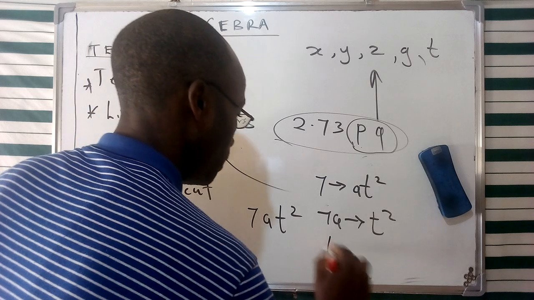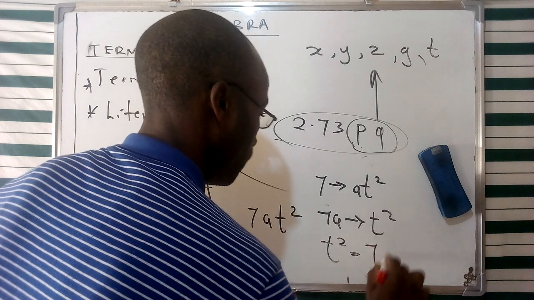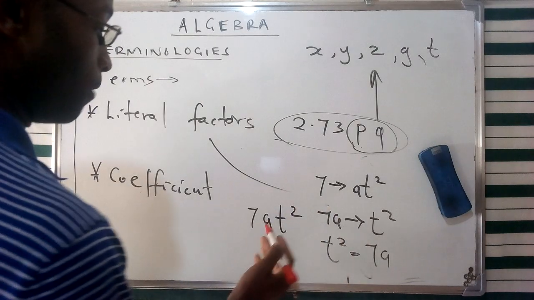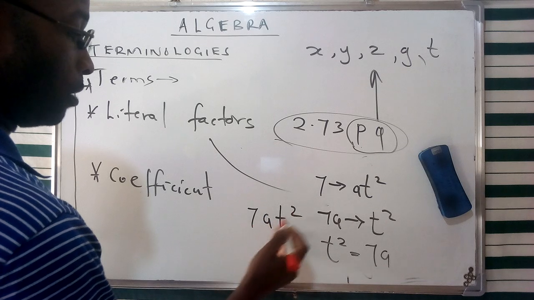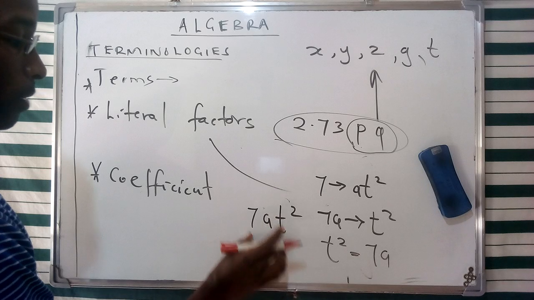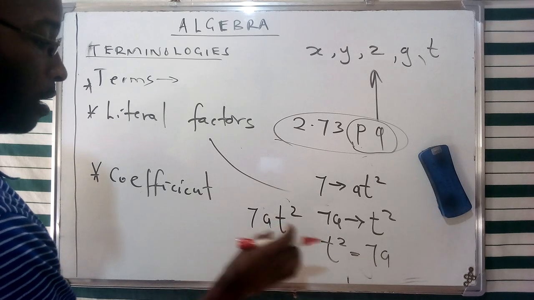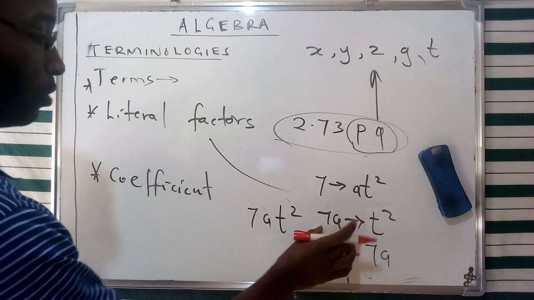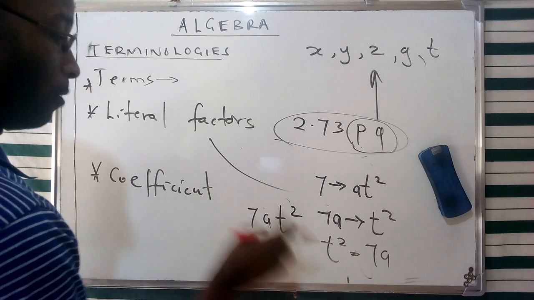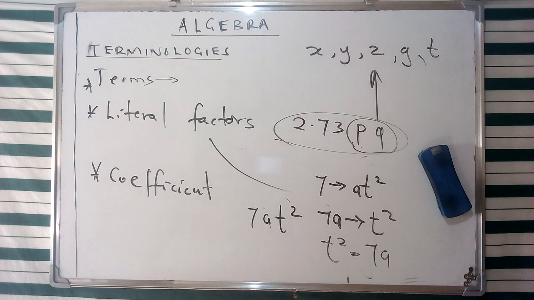And then at squared is a coefficient of 7. So a coefficient is referred to as any factor in a product of the other remaining factors. As you can see, I've just chosen from the first one the numerical figure 7 to represent the coefficient of the other remaining factors. In any case, if I choose either of the two, or either of the three, the other remaining ones are taken as the coefficients of the other factors respectively.